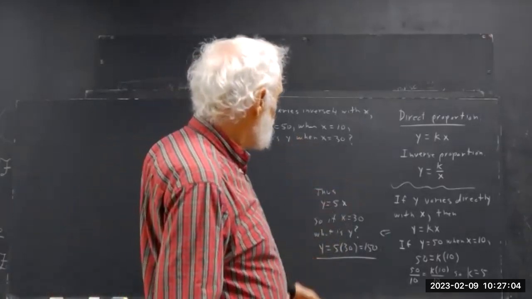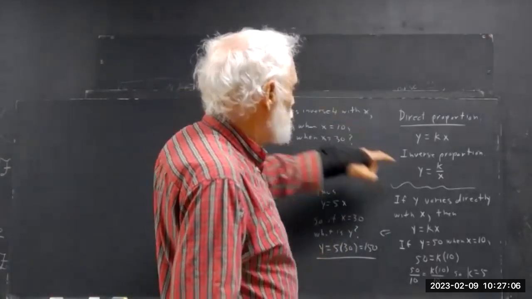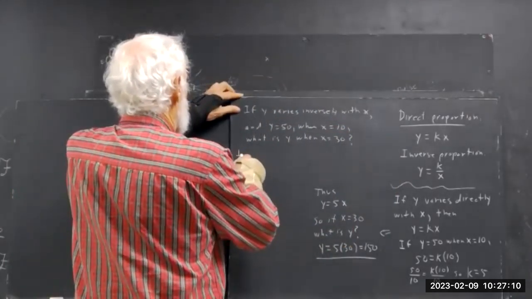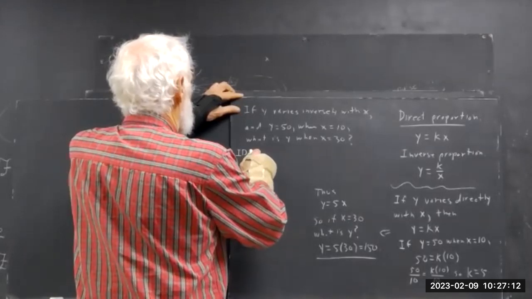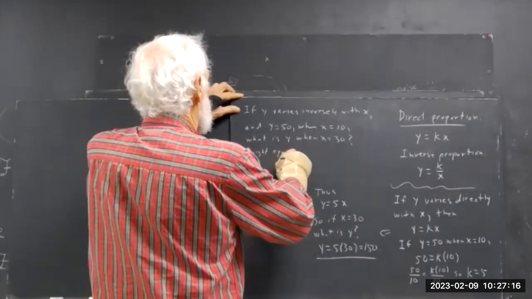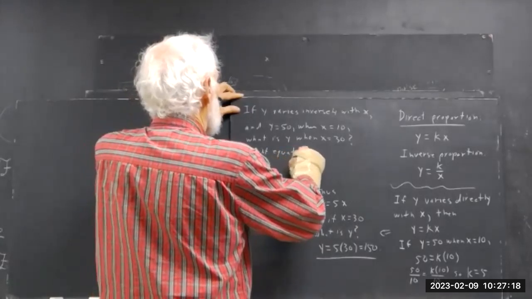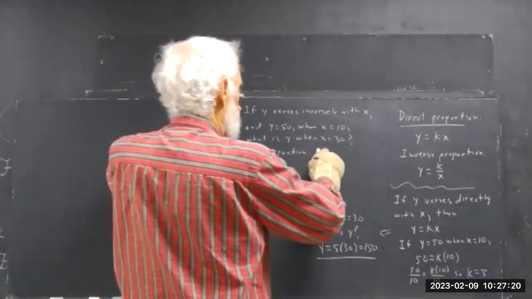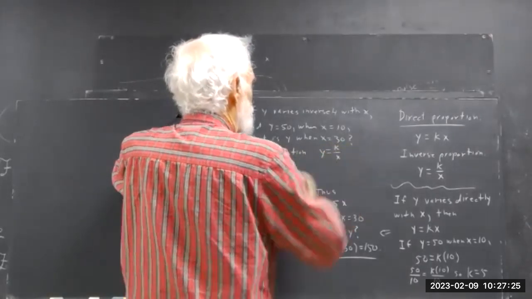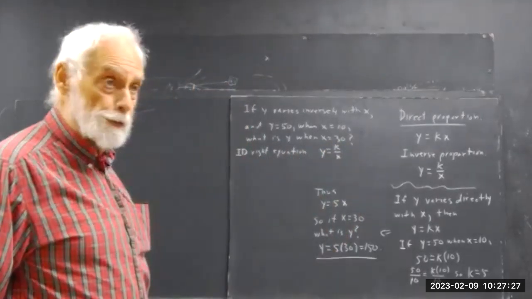The step is, first of all, you identify your equation. So we ID the right equation, which in this case is y equals k over x, right?